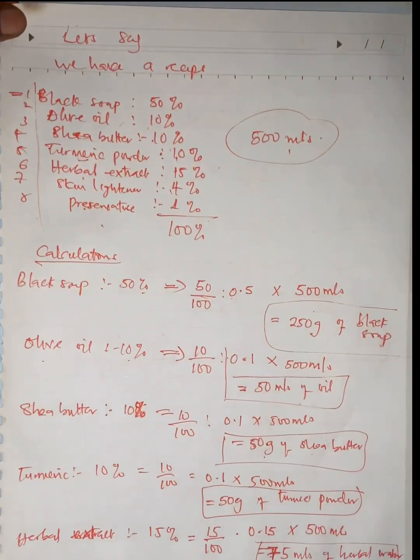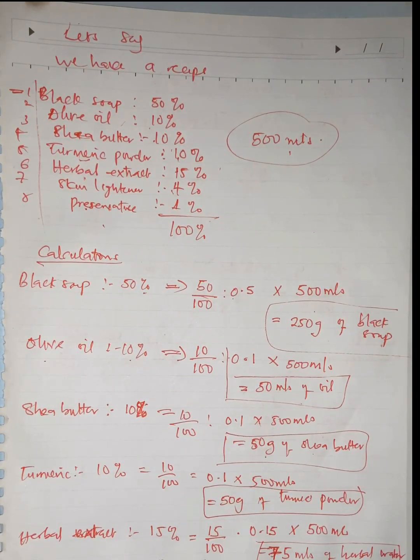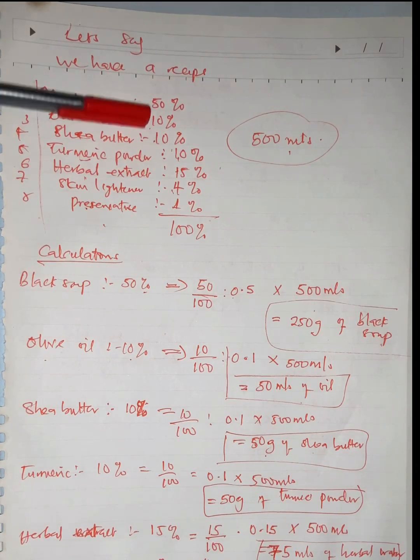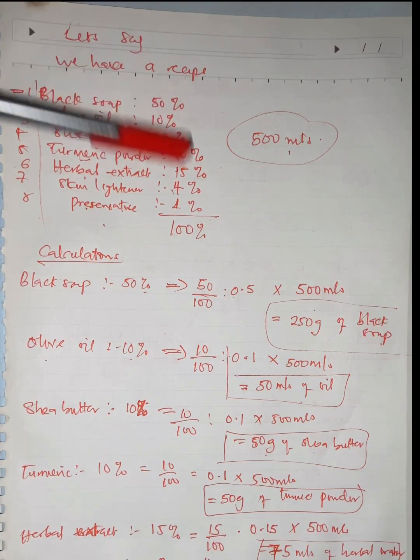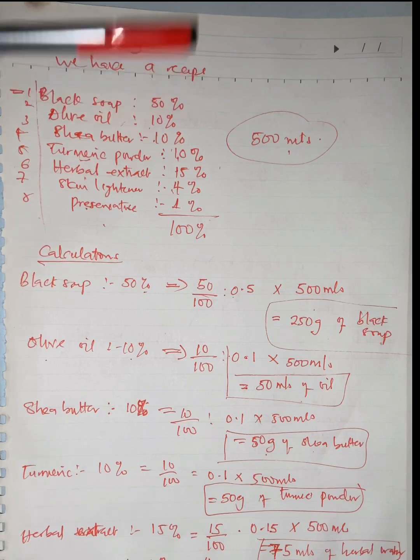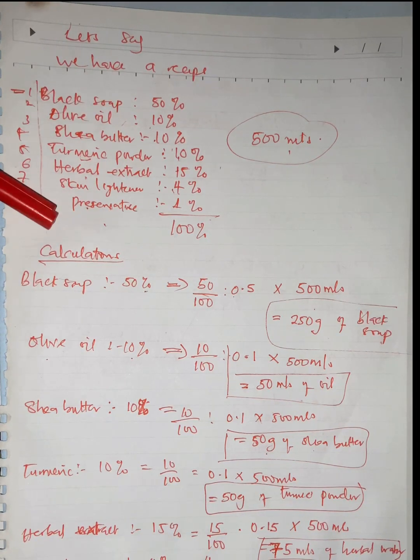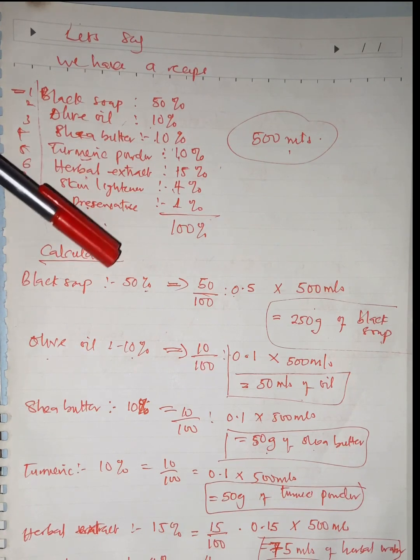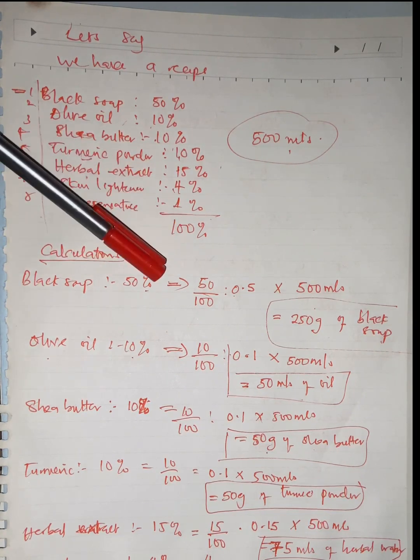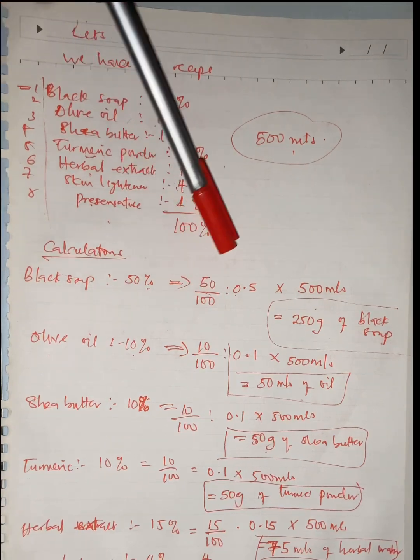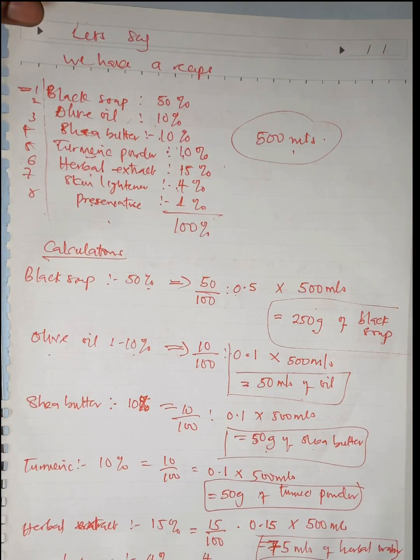So now what we want to do is calculate for each component, for each ingredient. We have black soap, and we want 50% black soap in this formulation. Like I mentioned in the beginning, 50% means 50 over 100, which gives us 0.5.